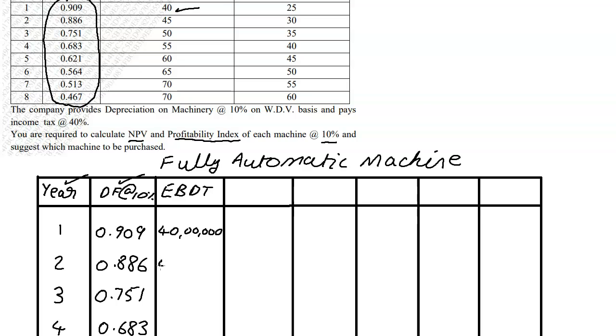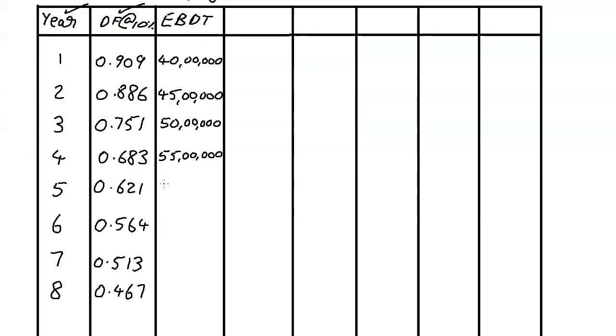Then we have 45 lakhs, then 50 lakhs, then 55 lakhs, then 60, 65, 70, 70.